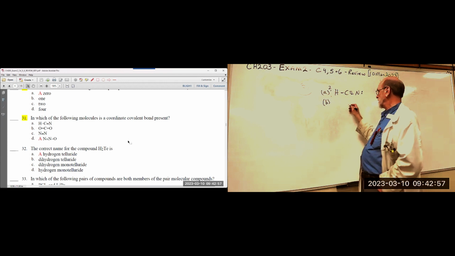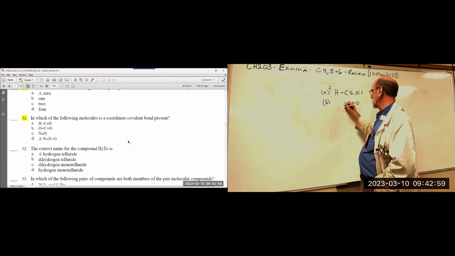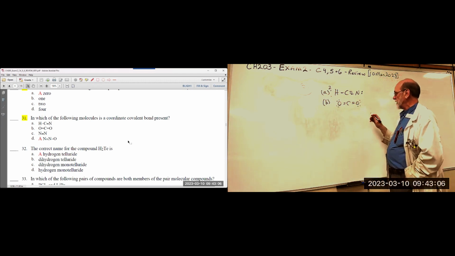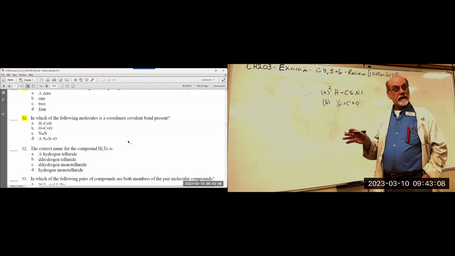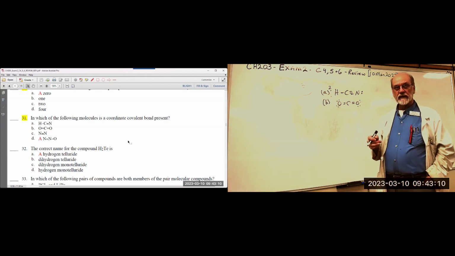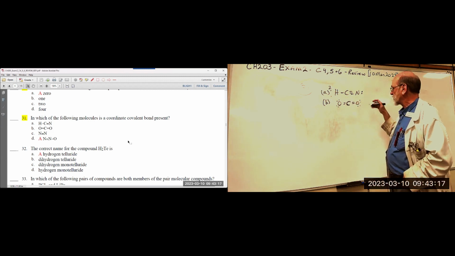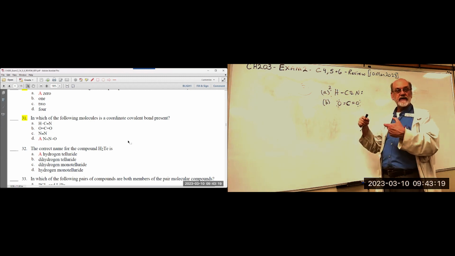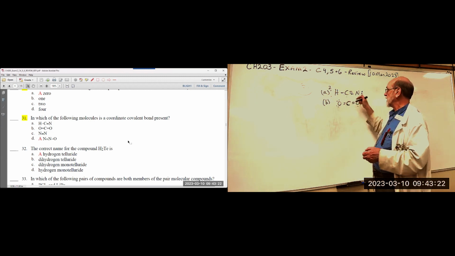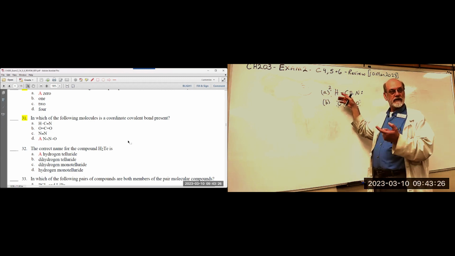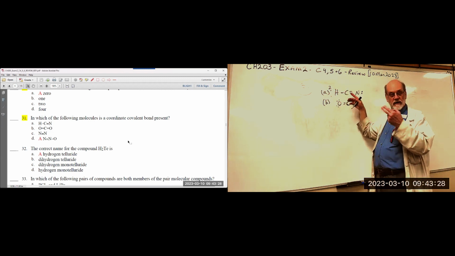How about this one? CO, like that. If you draw the Lewis dot structure, it'll look like that. Now there is carbon monoxide. But if carbon monoxide forms from electrons that are donated from both sides, and the same with this one, if we were to do that and then add the hydrogen, you get 1 electron from the hydrogen, 1 from the carbon, and that would be the bond.